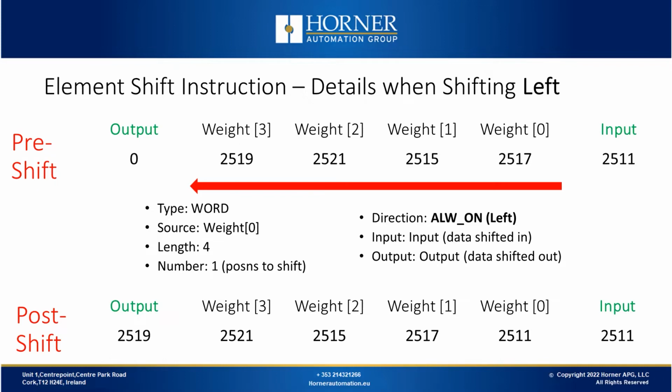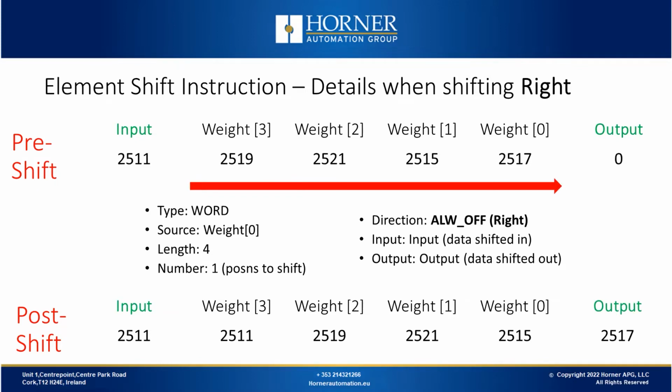My input is the data I'm shifting in, which you can see on the upper right hand side. My output is the variable that is getting shifted out of the shift register, and then my result you see there at the bottom, with everything shifted over from right to left. The leftmost position, or weight sub 3, was copied to the output variable, and the input variable was shifted into the rightmost position of weight sub 0. So that is an element shift instruction when we're shifting left.